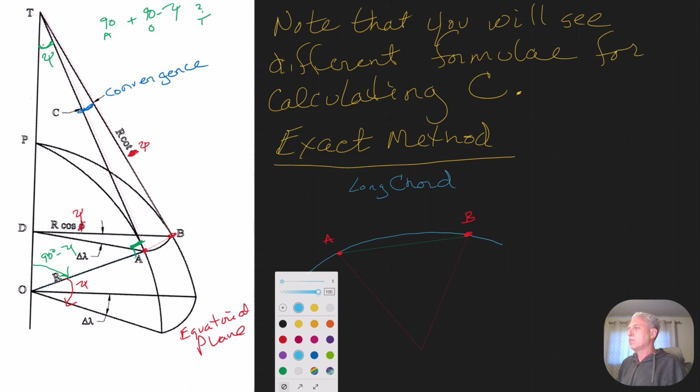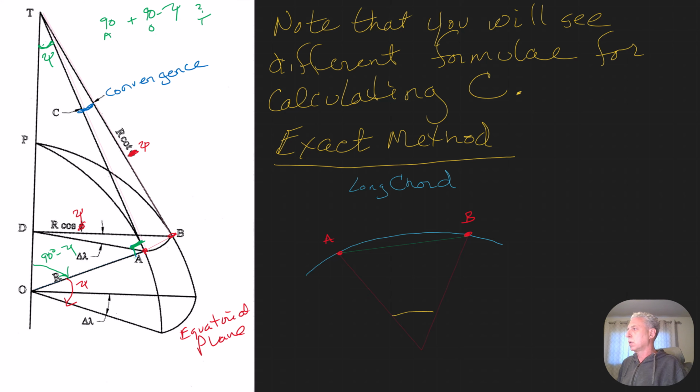Now, let's call this angle theta. We haven't used theta much, so we'll call it theta. And let's call this S. And let's call this CH for chord. And we have a radius of R here. Then S equals R theta.